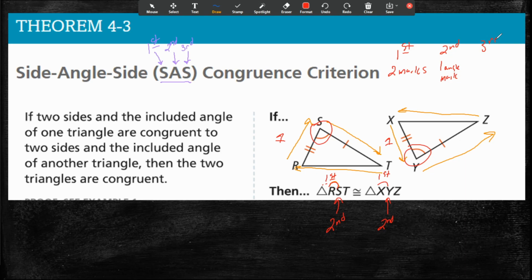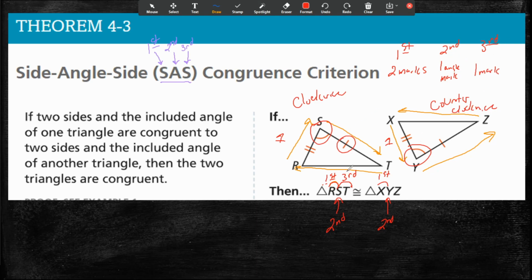And then if I keep going in that same direction, I can't change directions now. I'm going clockwise on this one, and counterclockwise here. I have to keep it in that same way. So now I can look here and I can see my third piece is ST. Here I definitely have 1 tick mark, so 1 mark.